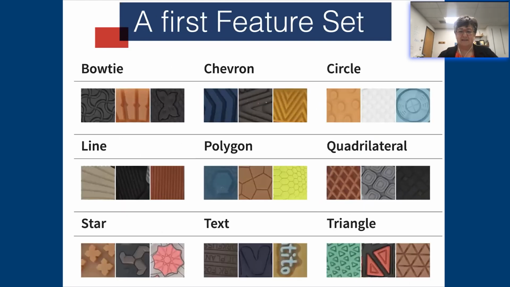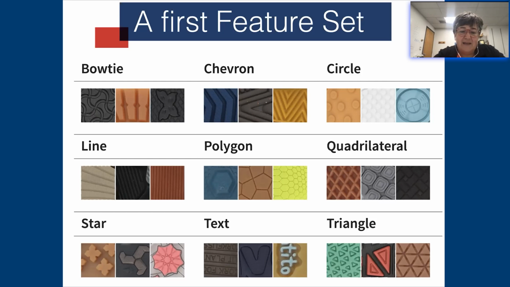So here is a set of features that Susan decided on when she started training these shoes. We've got 3 examples for each one of these 9 different features. Bow ties, you recognize the famous Birkenstocks as the first example.